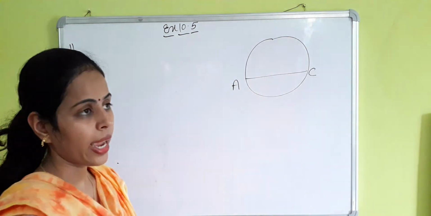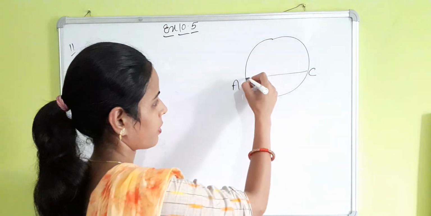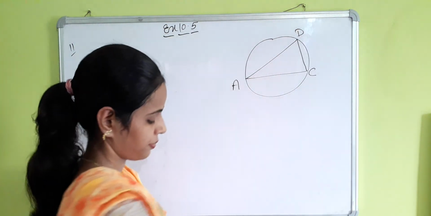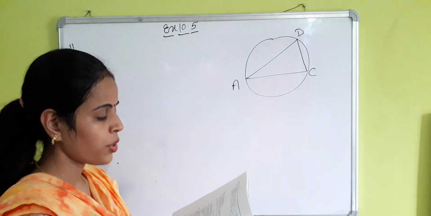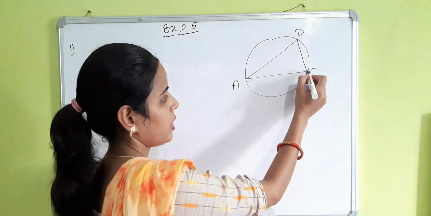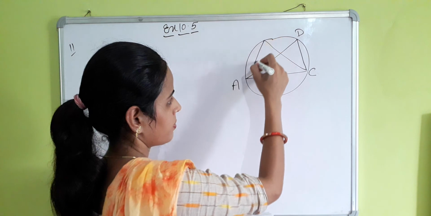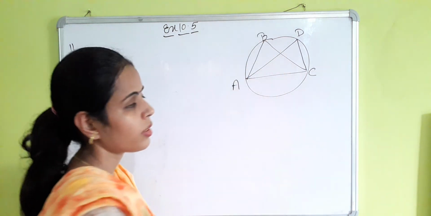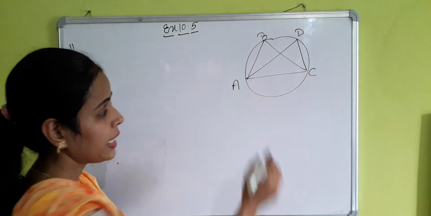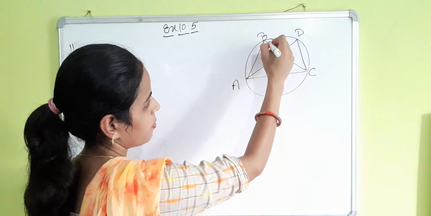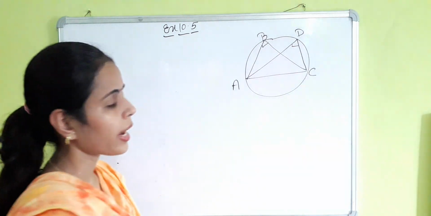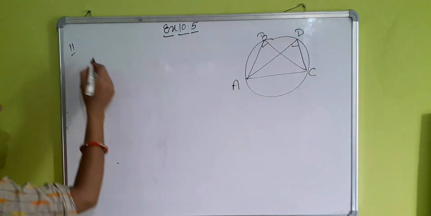Prove that angle CAD is equal to angle CBD. If AC is hypotenuse in this triangle ABC, then angle B is 90 degree, and in this triangle ADC, angle D is 90 degree.